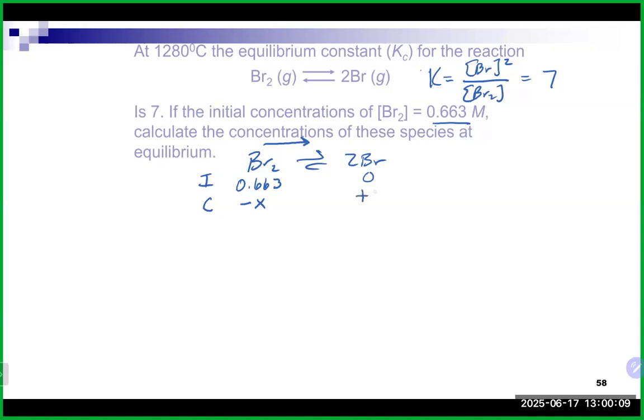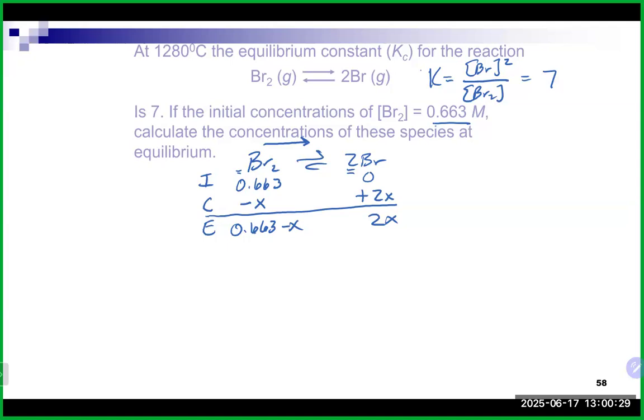I know this should be plus 2x. Once again, I do need to take the coefficients into account on the change part of it. That is really important. At the end here, we will end up with 0.663 minus x and 2x.